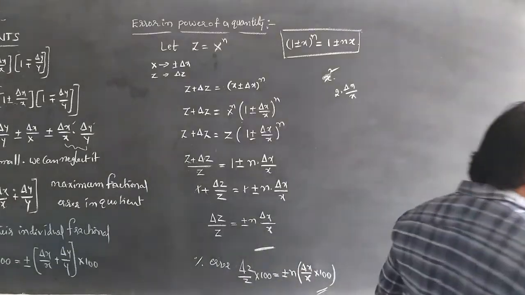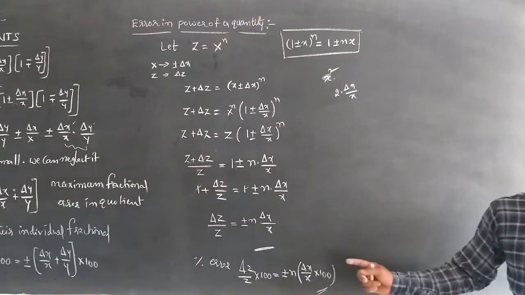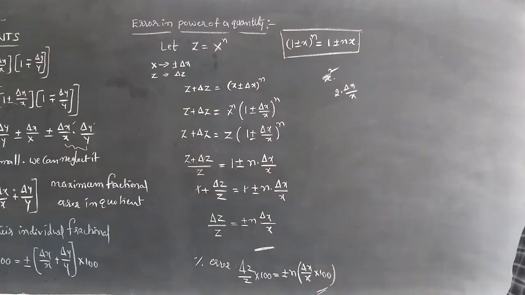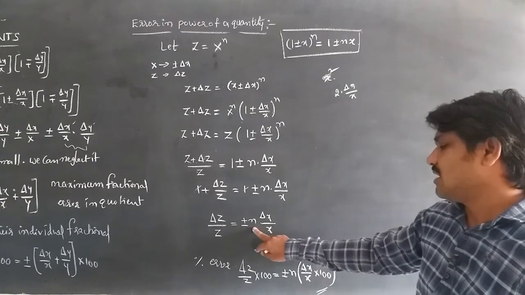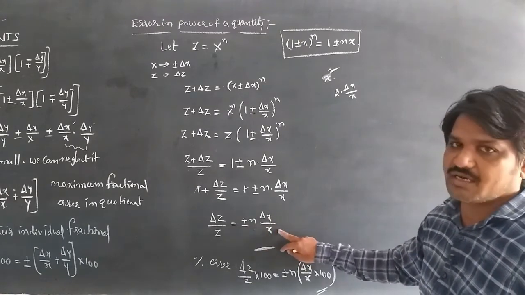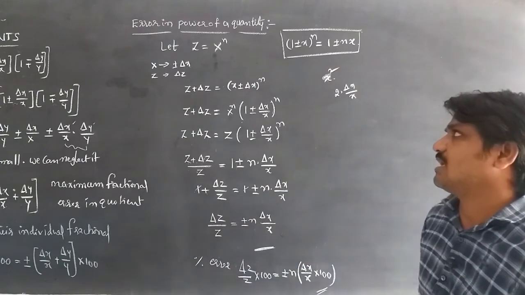Here also we can say that the fractional error in a quantity with n powers is n times the fractional error in that quantity. This n times the fractional error of that quantity is called the error in power of a quantity.